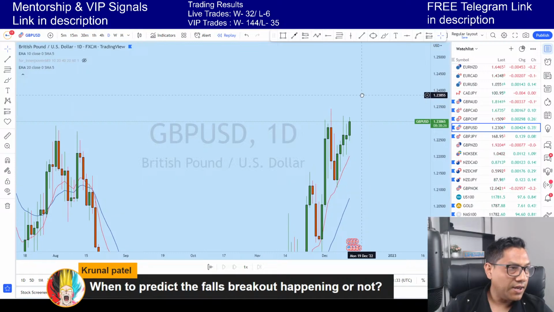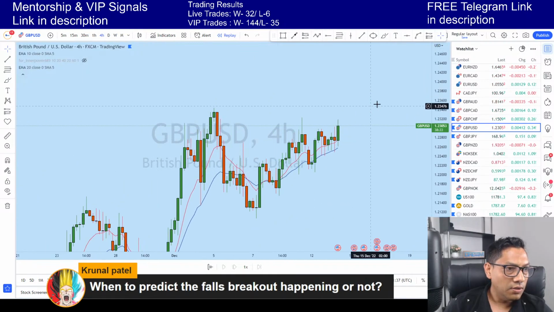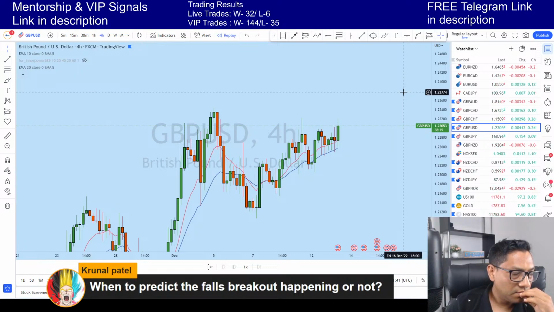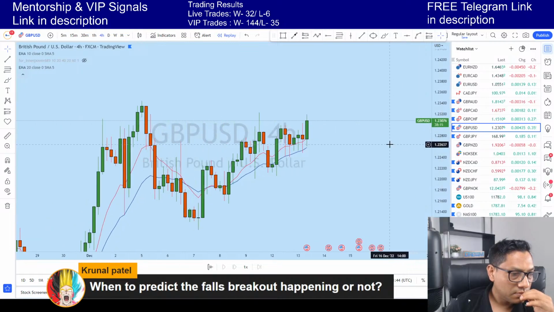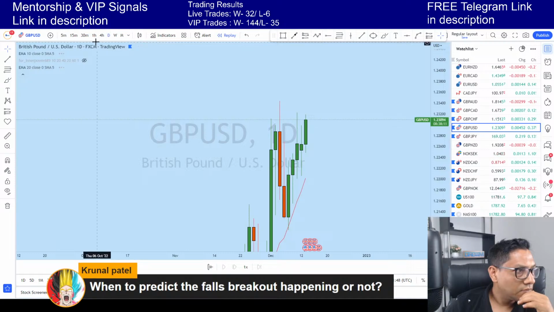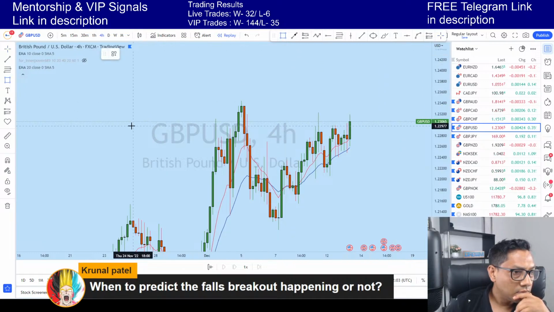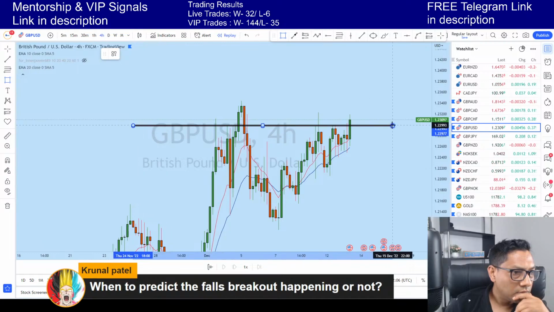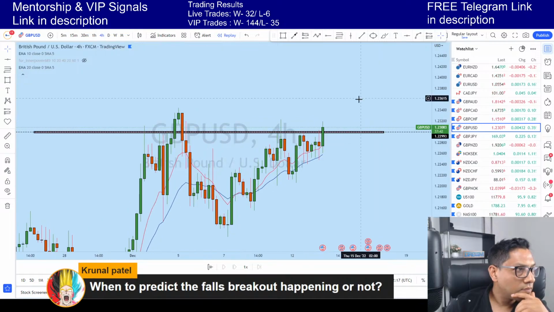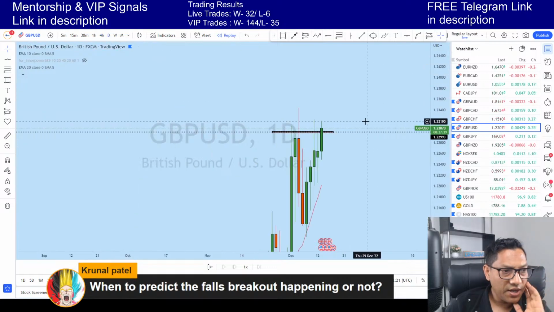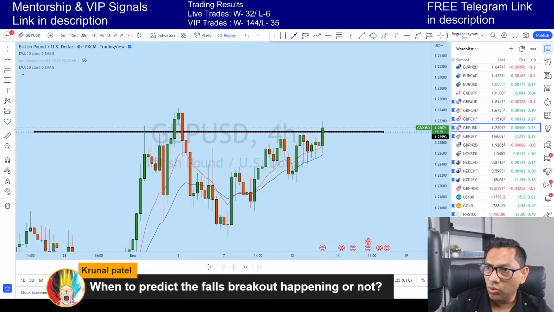If this price is breaking to the upside, it will be a good move on GBP/USD. So yeah, the price is breaking out, and with the news announcement we'll look at how the price might move.